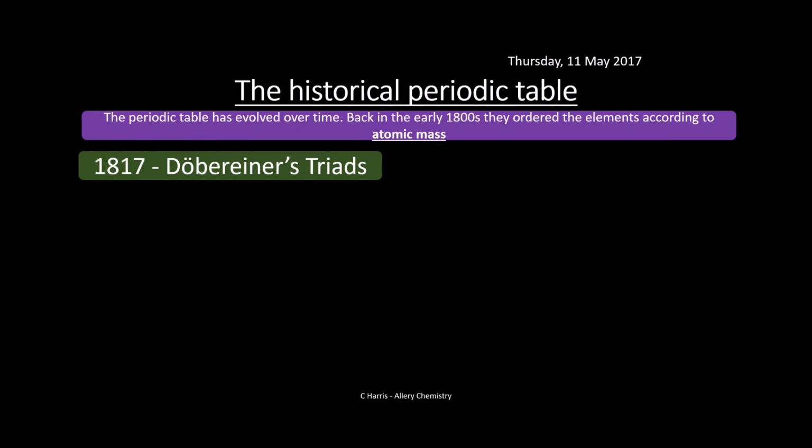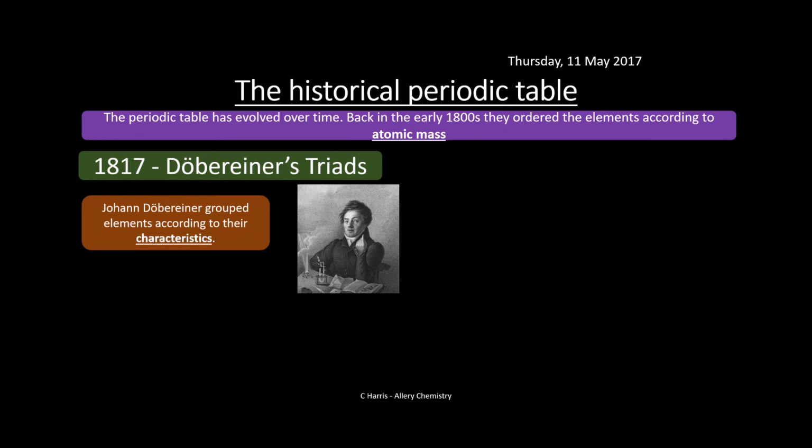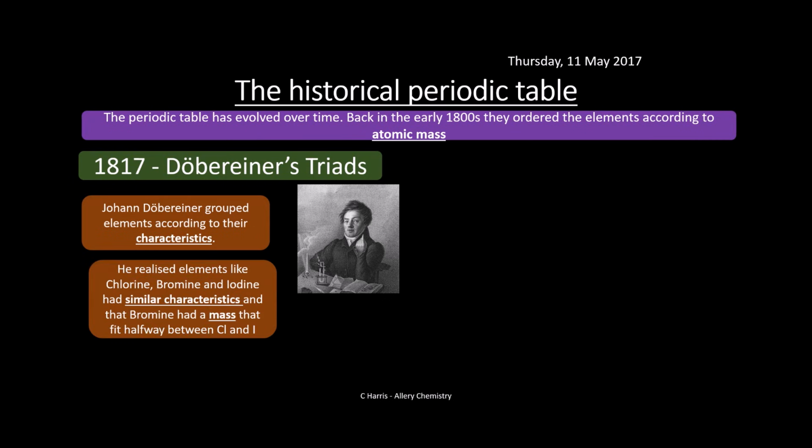In 1817, Dobereiner had a good go at it, and he came up with triads. Johann Dobereiner grouped the elements according to characteristics. He'd seen some kind of trend here. He realised that elements look very similar. So things like chlorine, bromine, iodine, they had a very similar smell.